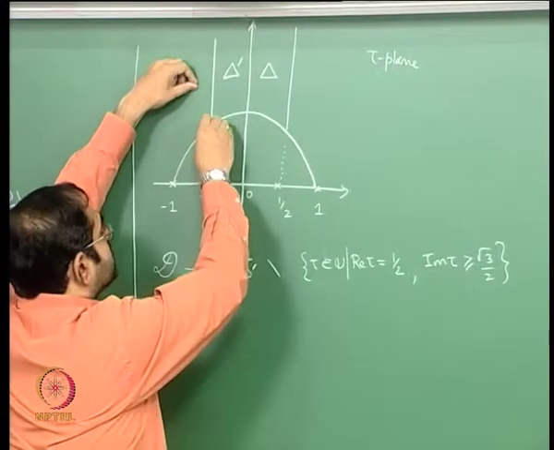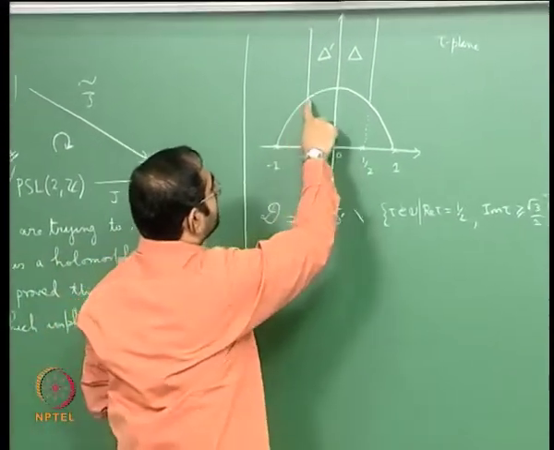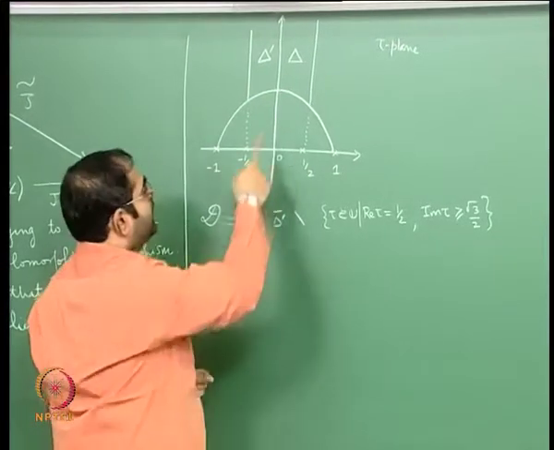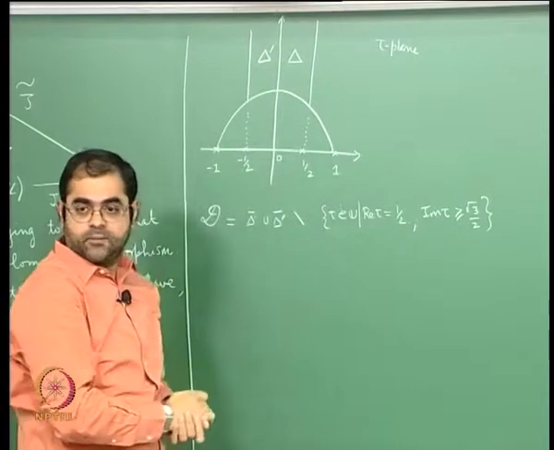So in particular I have also deleted this point, alright, and then I also want to delete this arc of the unit circle, okay, but I would like to retain this point i, okay.